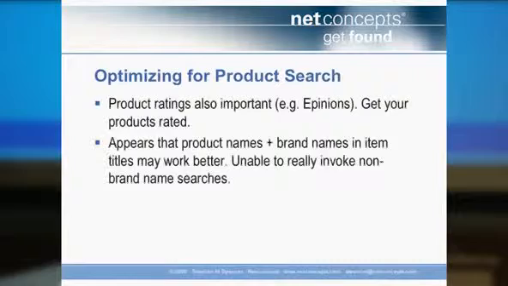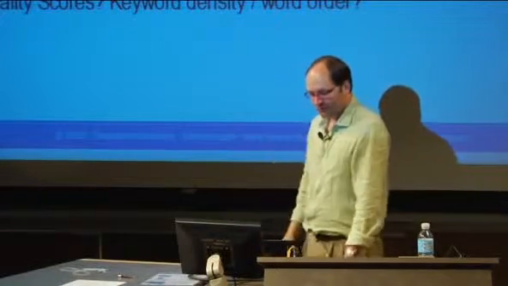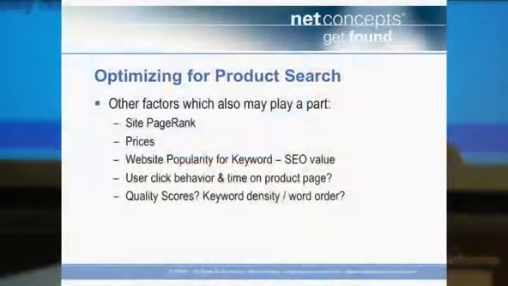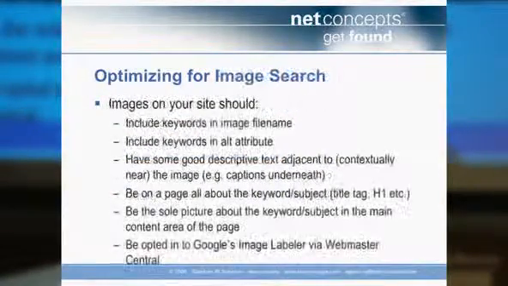You get ratings and that will help your rankings. It appears that product names and brand names and item titles may work better. So let's move on because I'm running out of time here. Quality scores, keyword density, blah blah blah. We've got to move on. Let's talk about image search.